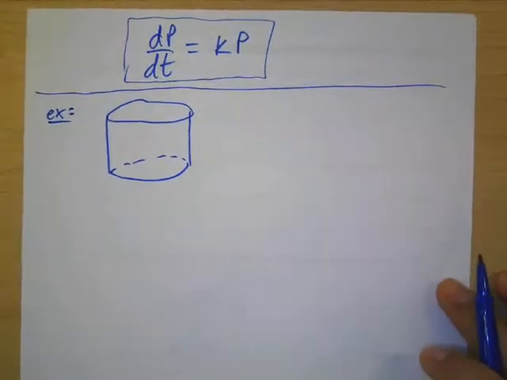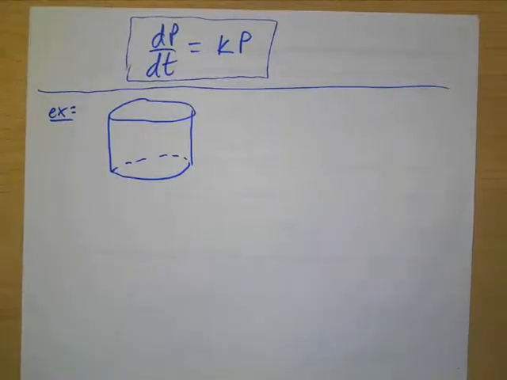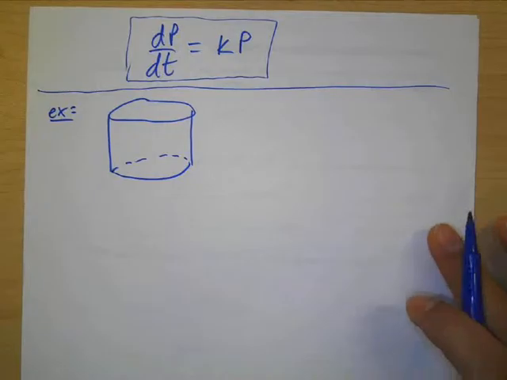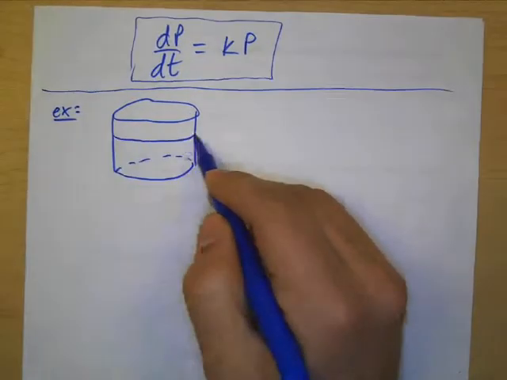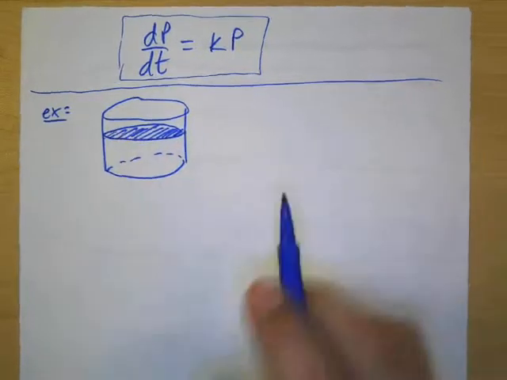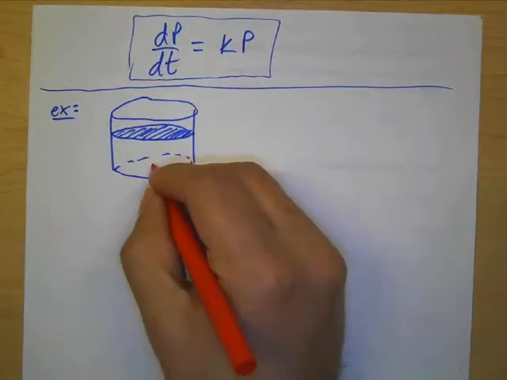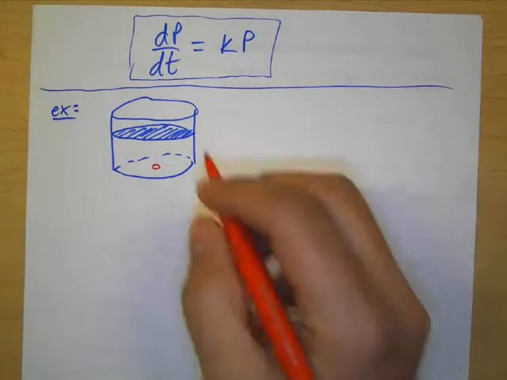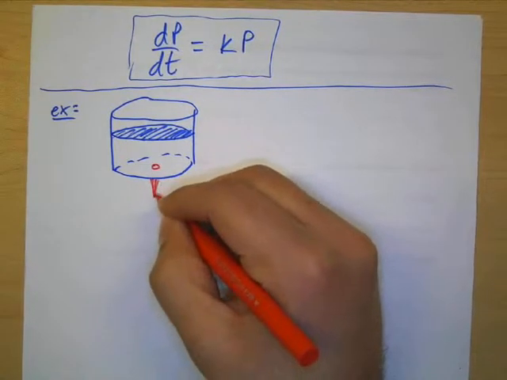But then it asks how fast the water drains or something. Oh, we'll get there. And let's say we have some amount of water in there. And let's say at the bottom of the tank there's a circular opening and water is draining or leaving the tank.